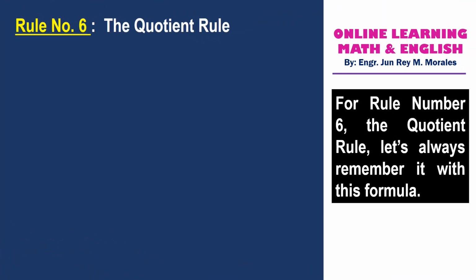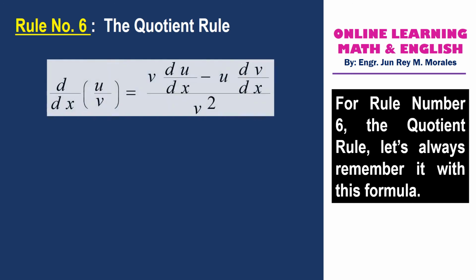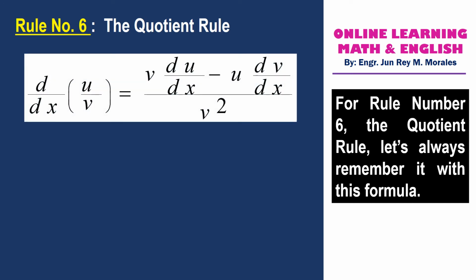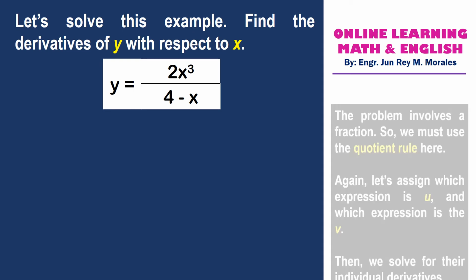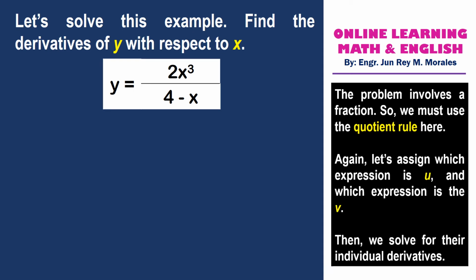For rule number 6, the quotient rule, let's always remember it with this formula. Let's solve this example. Find the derivative of y with respect to x. The problem involves a fraction, so we must use the quotient rule here. Again, let's assign which expression is u and which expression is the v. Then, we solve for their individual derivatives.